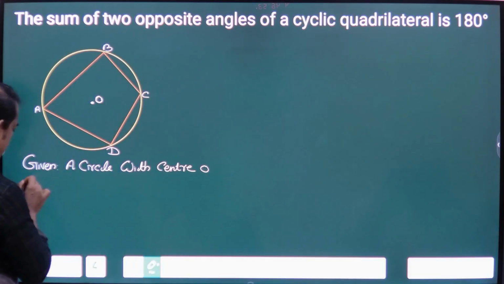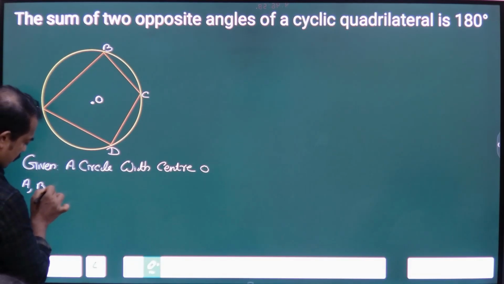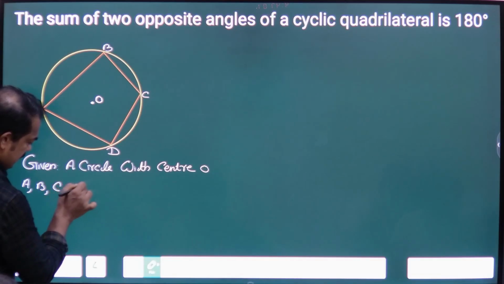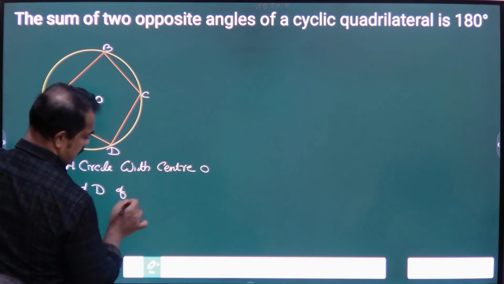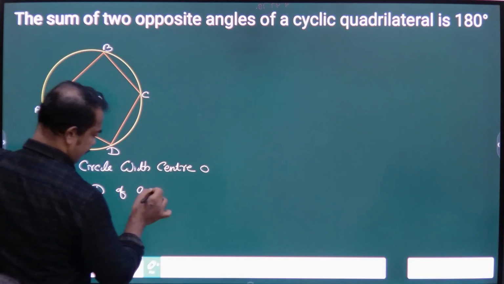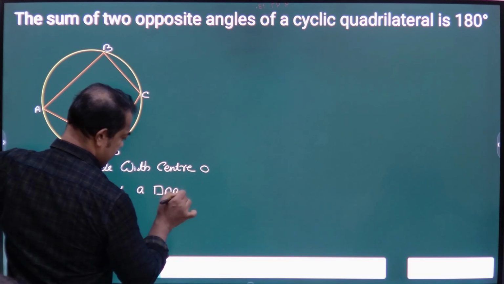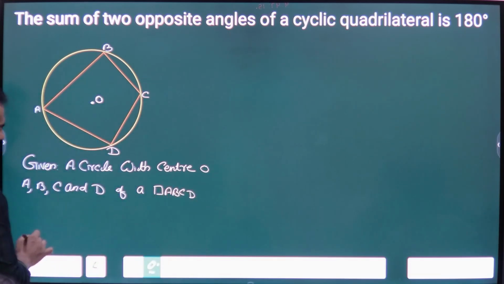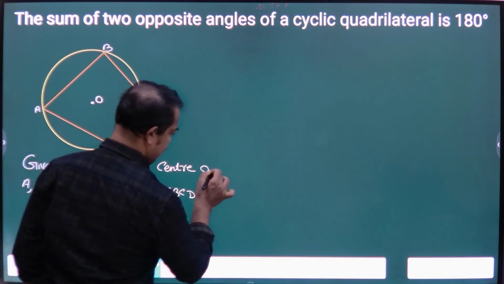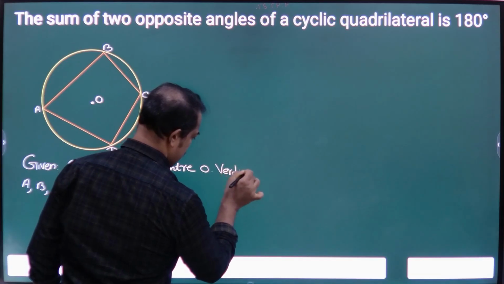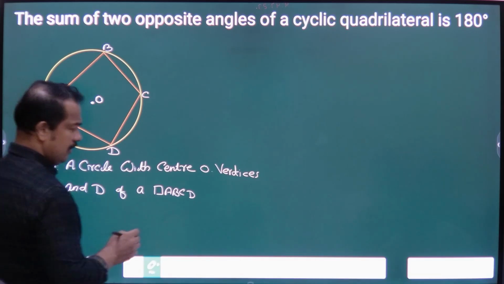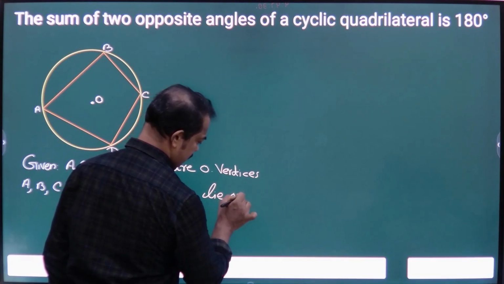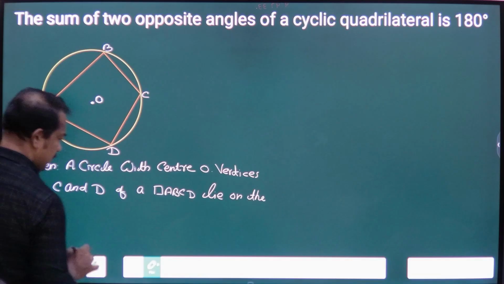Next, A, B, C and D of a quadrilateral ABCD. Now the vertices A, B, C and D of a quadrilateral ABCD lie on the circle.